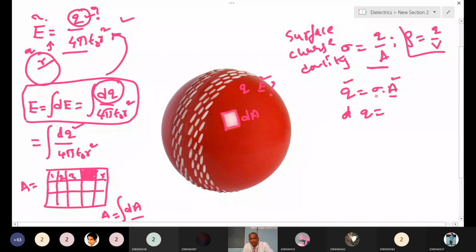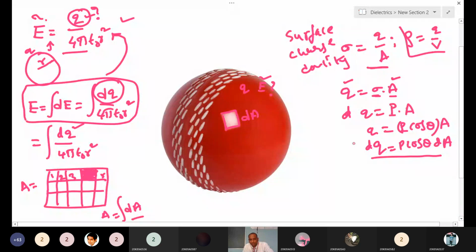In place of sigma, in dielectrics we write the polarization vector, so q is equal to P into A. From there you remove the dot product: P cos theta and dA. So differentiating, dq equals P cos theta dA. This is the formula.